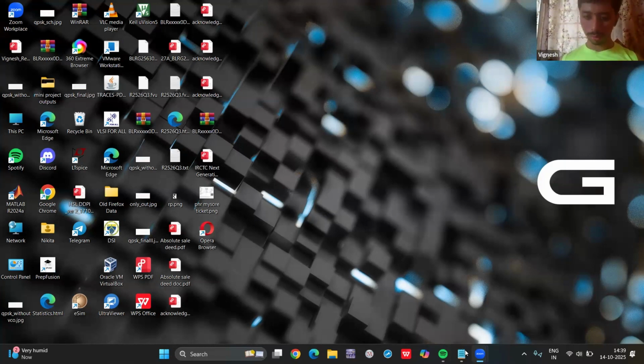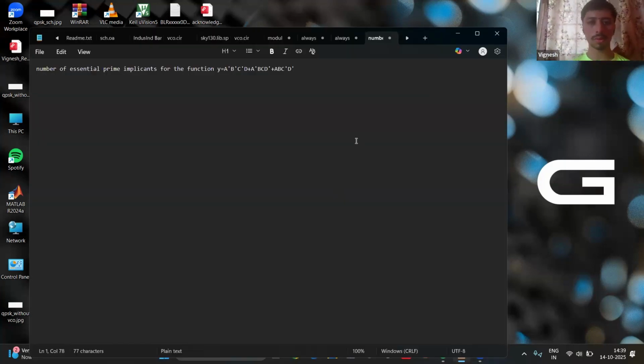Why have we written these zeros in the question? That is X or 0. I thought it is all 0. In the question it is written that you have to find out the essential prime implicants.